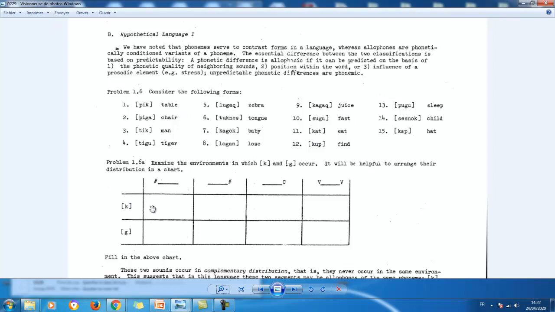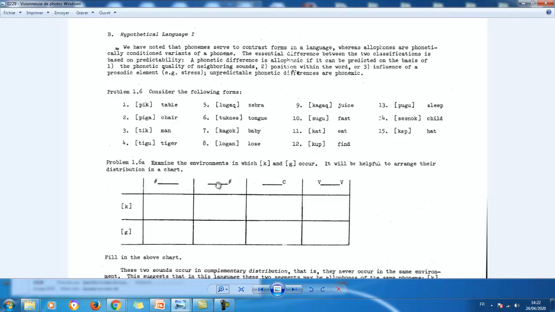So, k is found where? Is it initial? Let us look at the words here. We have got this one, cat. Good. So, k, we have got even kaga, ka. So, it's possible for k to occur initially in this language. So we have to put the check in here.